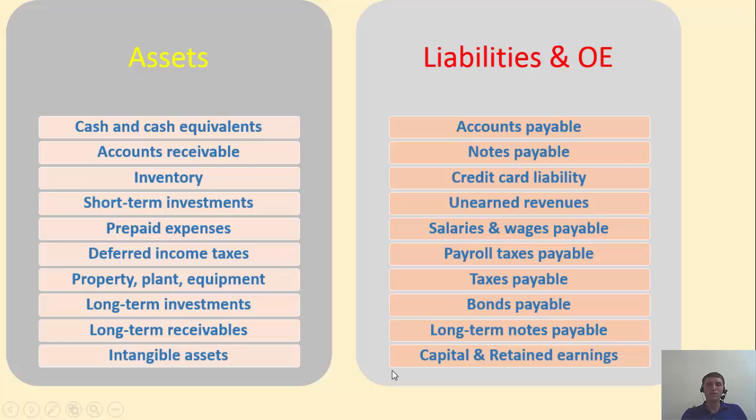Long-term debts, and finally capital and retained earnings, and this is basically the money you owe to the owners. Either as a result of their own capital investment in the firm, or because the firm has been making money, right, and that profit has been accumulating, so we call that retained earnings.